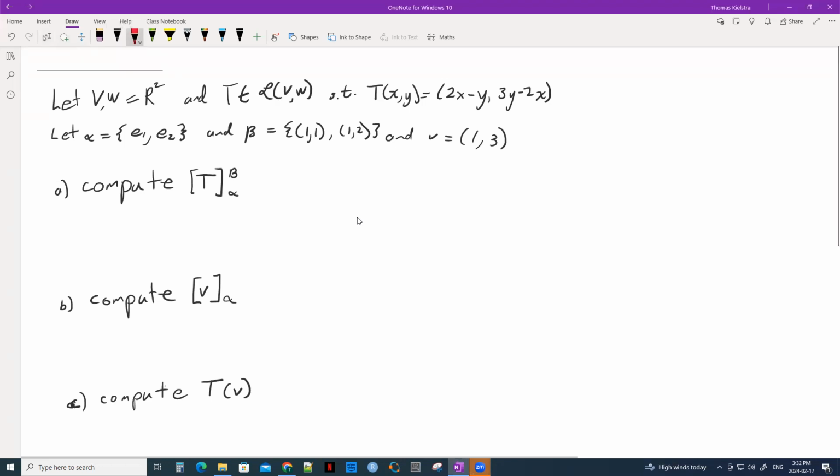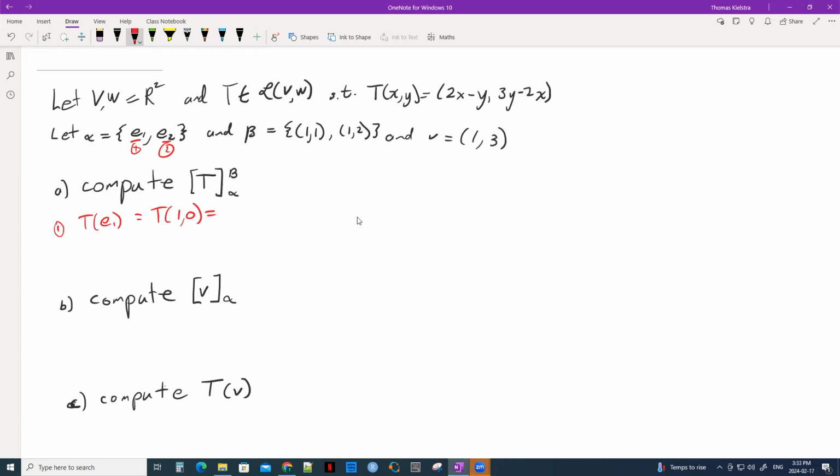So let's get started. Here we want to know what T does to alpha. So this is 1, this is 2. What does T do to the standard first basis vector, or what is T of (1, 0)?